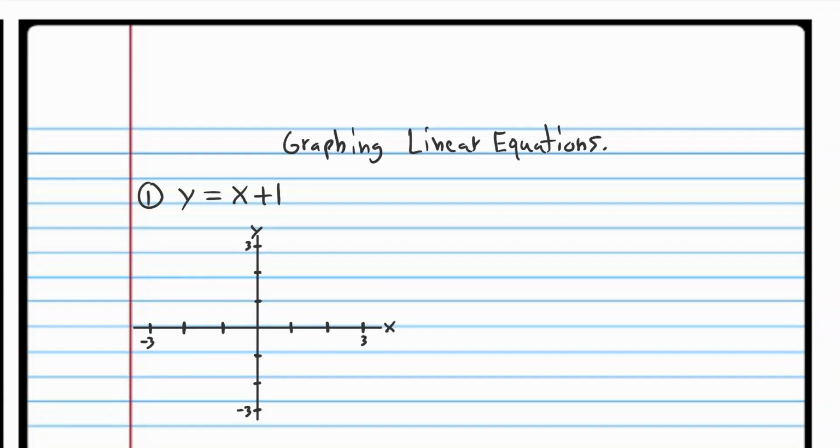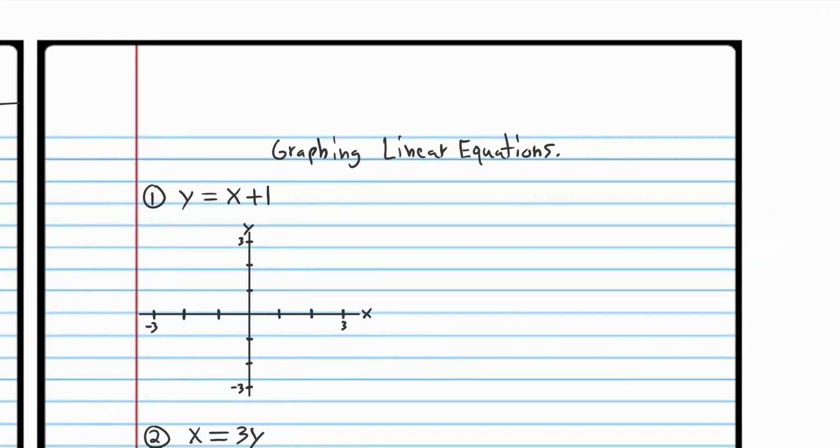So here's how we do this. This is going to be our first point. Now we're going to have our second point over here, and I'm going to show you how to make a table also. We don't really need a table, but it's so common to use tables, and I'm going to go ahead and show you what they look like.